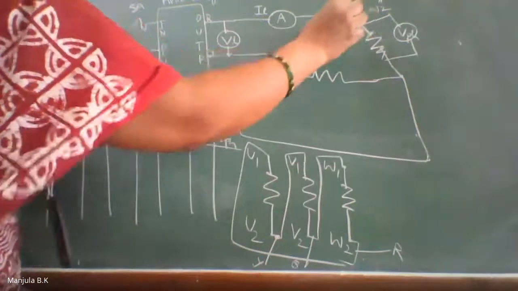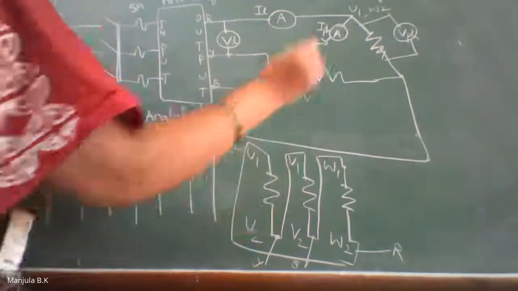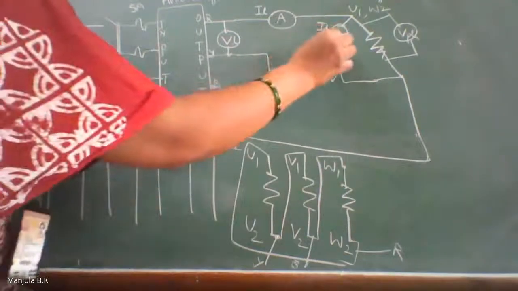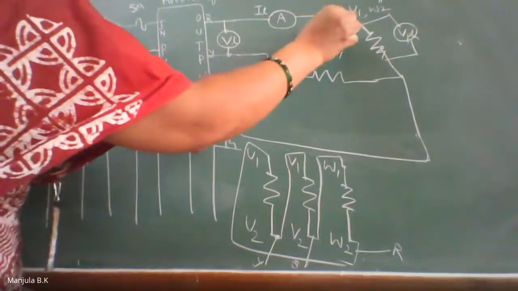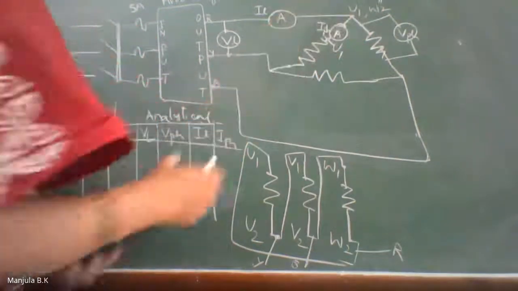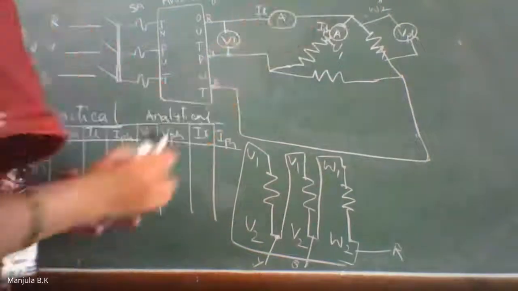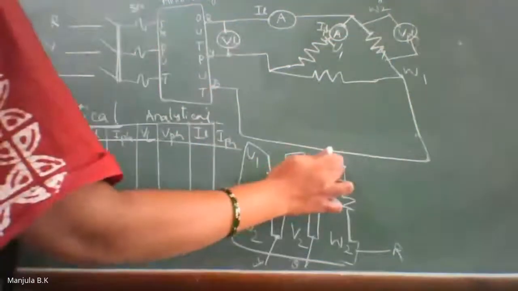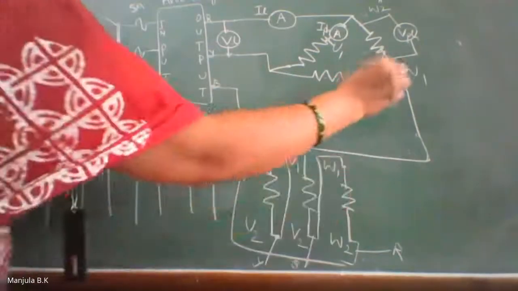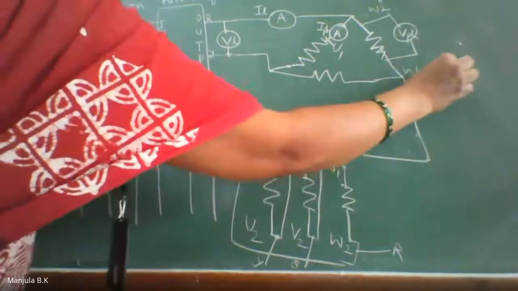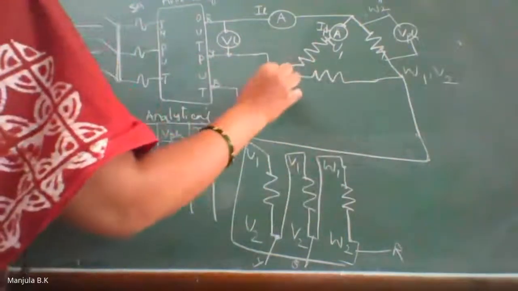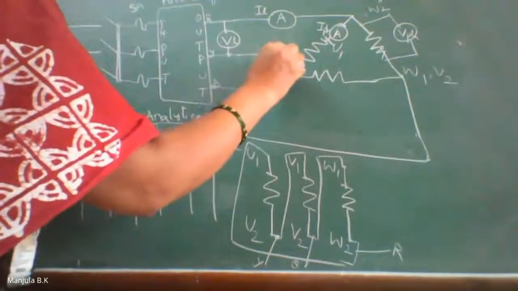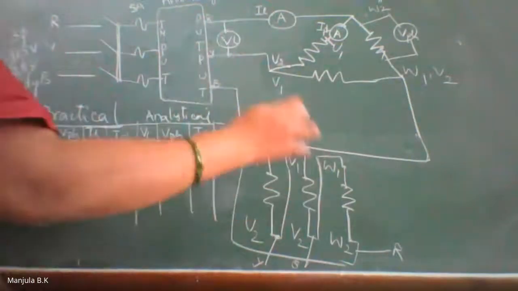Actually, W2 should be connected to W1, U1 is connected here, and the end of this ammeter is connected to W. Then we have W1 here. W1 and V2 are connected, V1 and V2, then U1 and U2. This is how it should be connected.